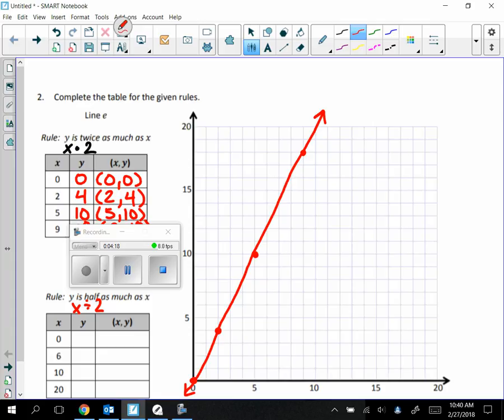Wouldn't be 1/2. That's 1 divided by 2. That's 0, 0. 6 divided by 2. 3. 10 divided by 2. 5.